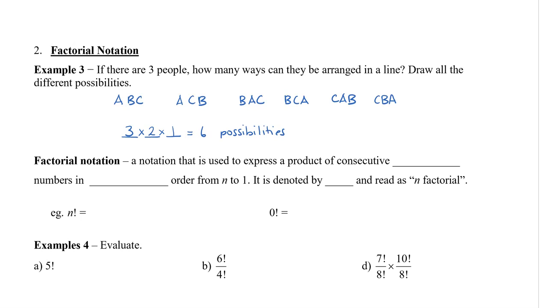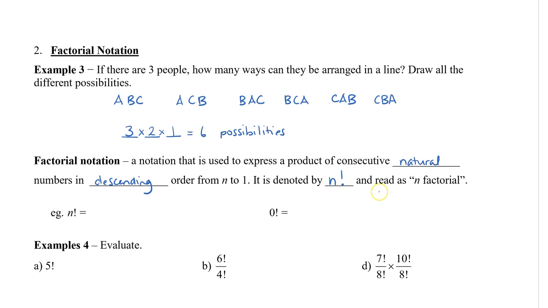So factorial notation is a notation that can be used to express a product of consecutive natural numbers in descending order. So that is an example here, 3 times 2 times 1. It starts from n and then it goes to 1. And we denote the factorial notation by n with an exclamation mark.